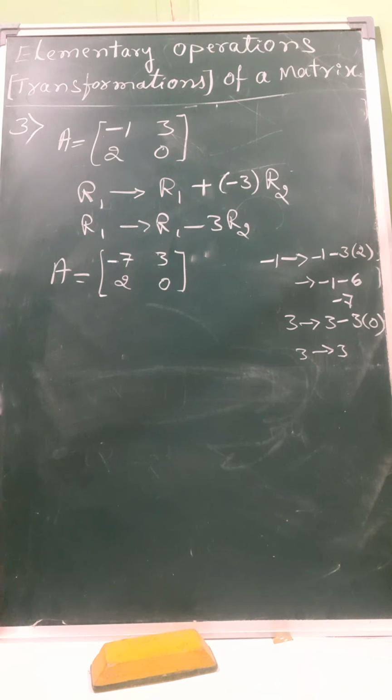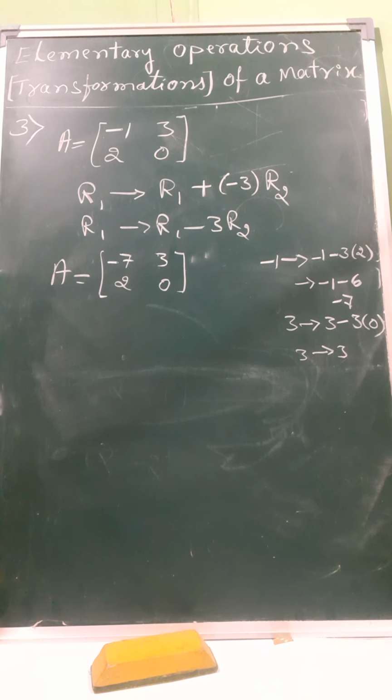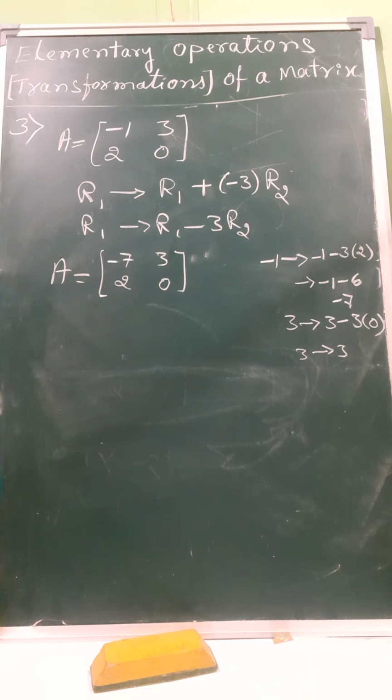By using these three elementary operations, we can find the inverse of a matrix. A 2 marks question is there in our board examination question paper: find the inverse of a matrix by using elementary operations. This is a compulsory question.